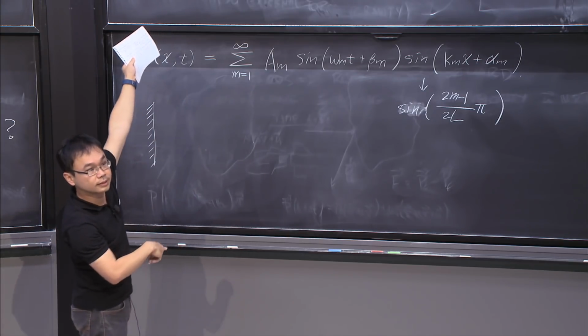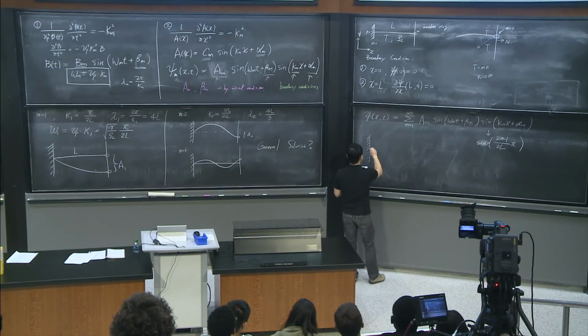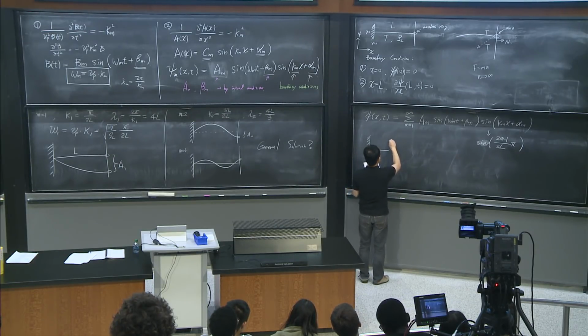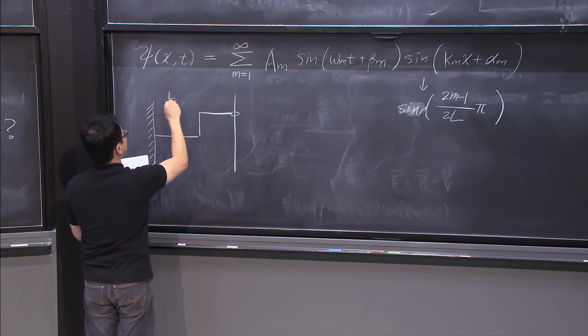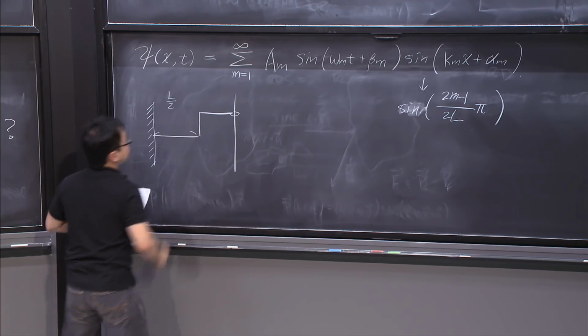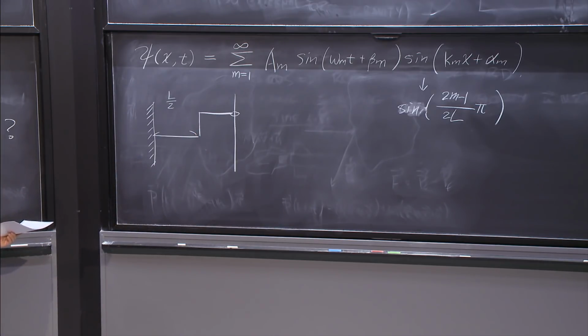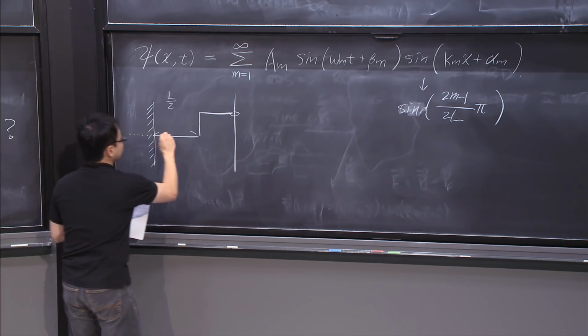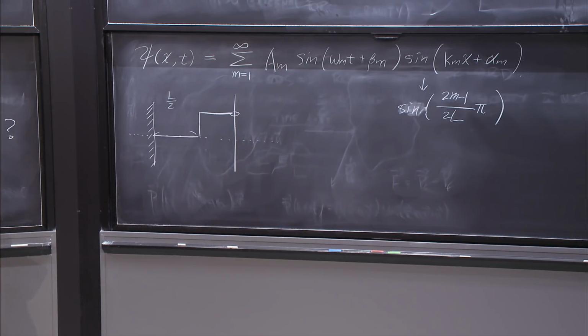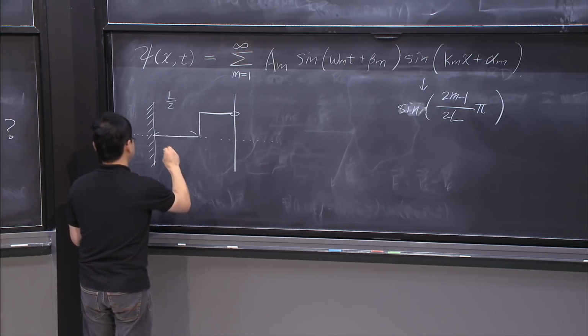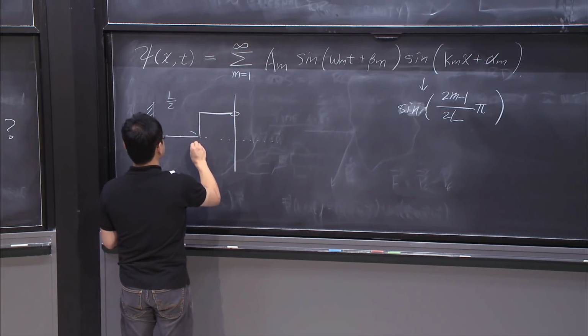It's exactly the same system I'm talking about, but now I prepare this system at t equal to 0 in some specific kind of shape. This L over 2 means the first half of the system is untouched. The first part of the string is at the equilibrium position, up to x equal to L over 2.